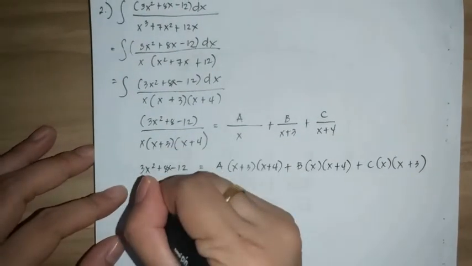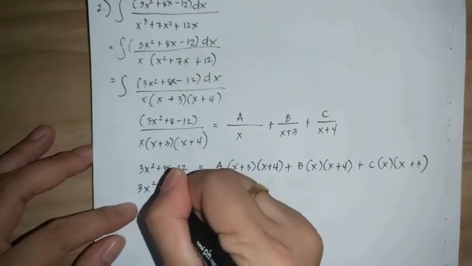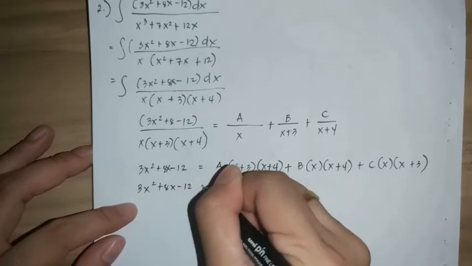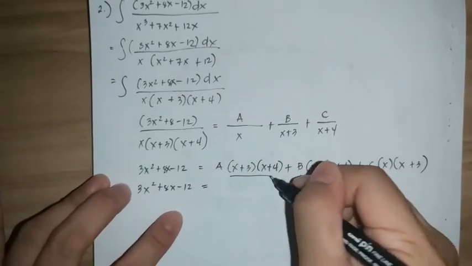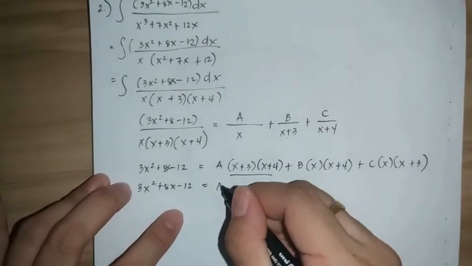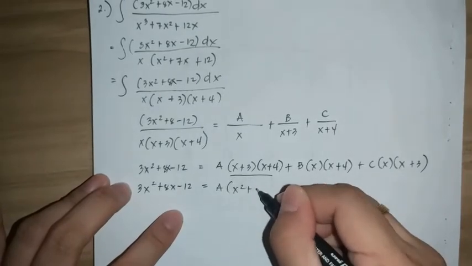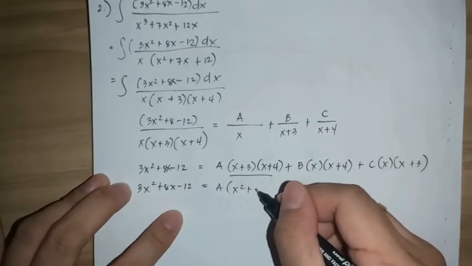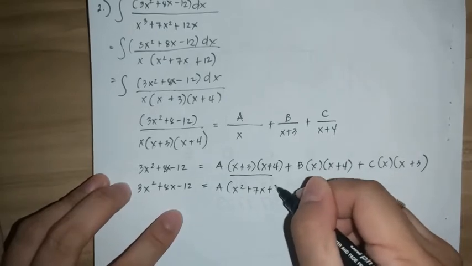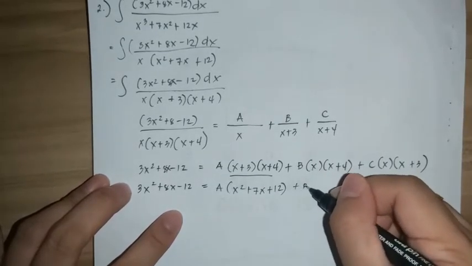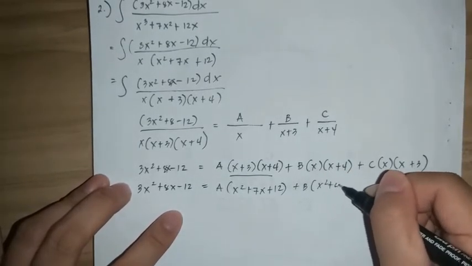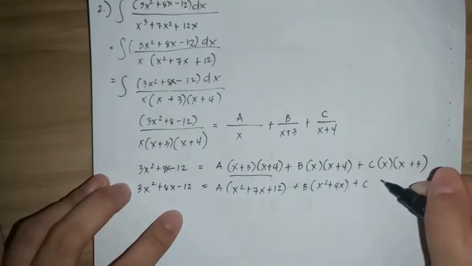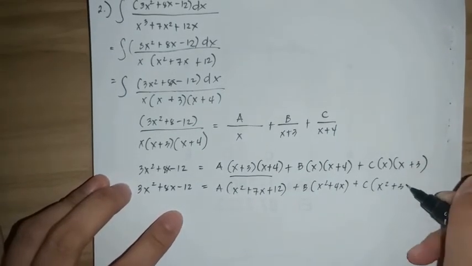So we need to have this method, and we need to expand this one. So we have x times x squared plus 7x, right, plus 12 plus b times x squared plus 4x, right, plus c times x squared plus 3x, right?